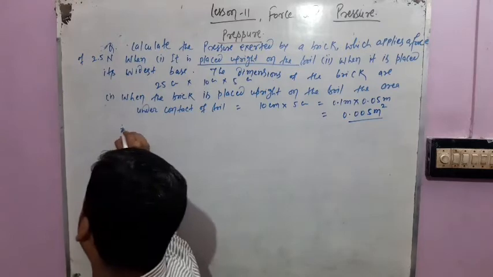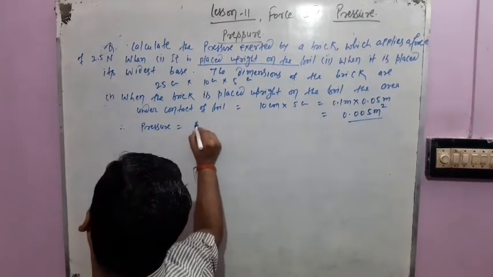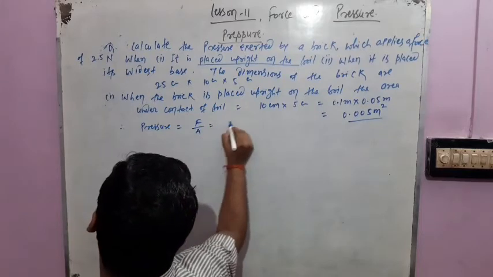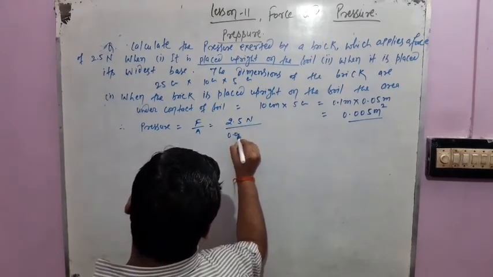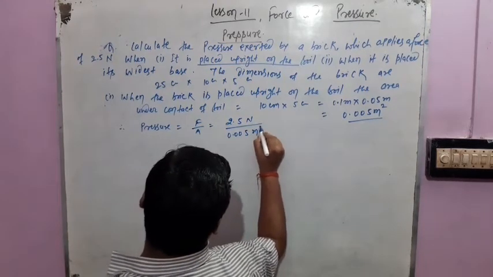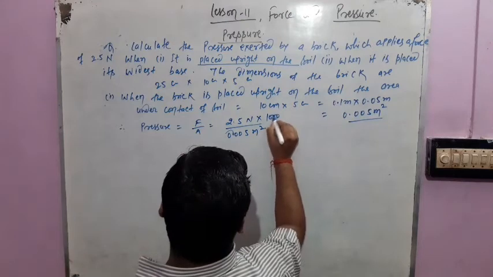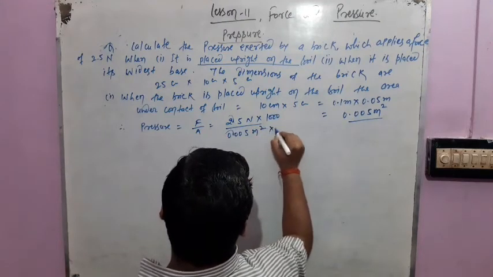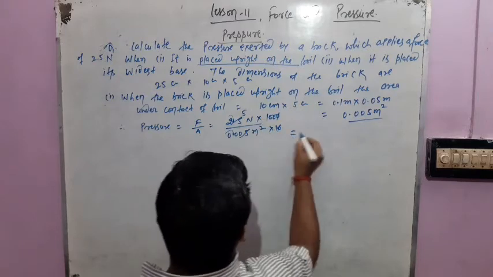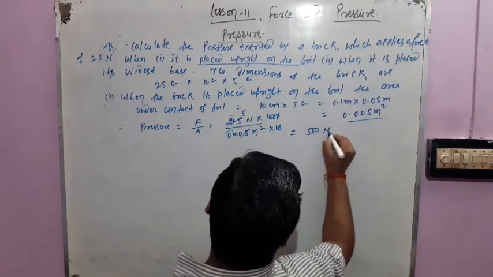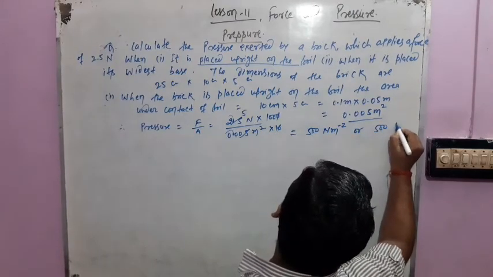Therefore, in the first case, pressure is equal to force upon area. What is the force here? 2.5 Newton, and the area is 0.005 meter square. Now removing the decimal here, what comes here? 1000, and here it comes 10. 0 cancels with 5, 5, that is 500 Newton per meter square or 500 Pascal.